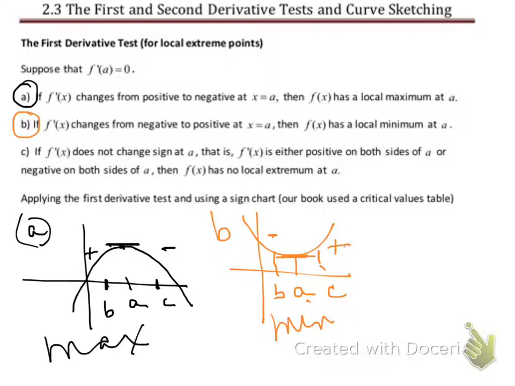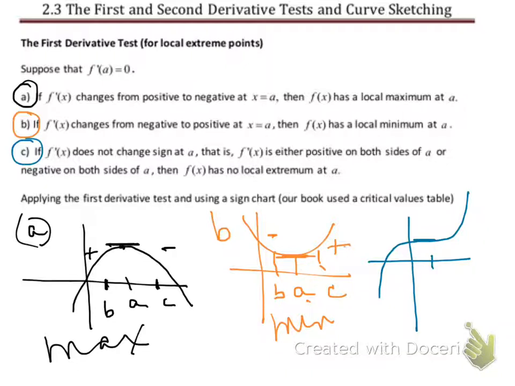The last case that they're telling us about is the C case. If the slope does not change on either side of where I discovered a value of 0 for a slope, then something else is going on. So what if I have a shape like this?